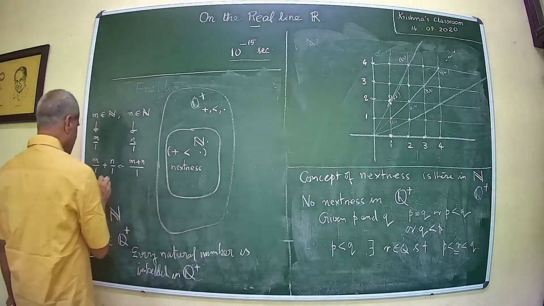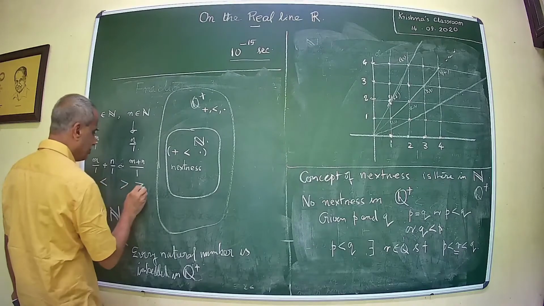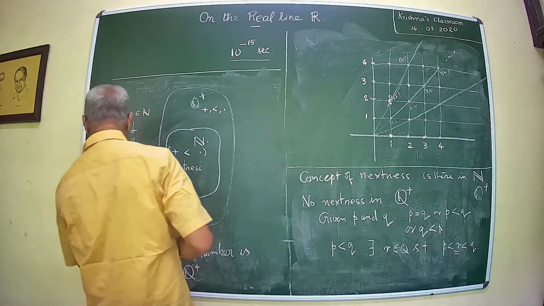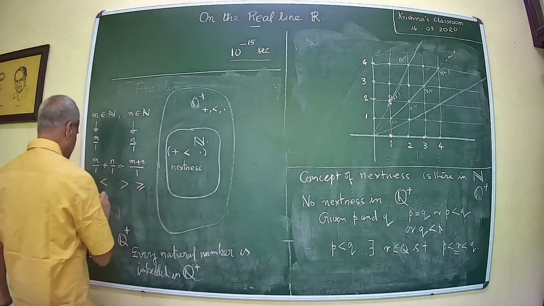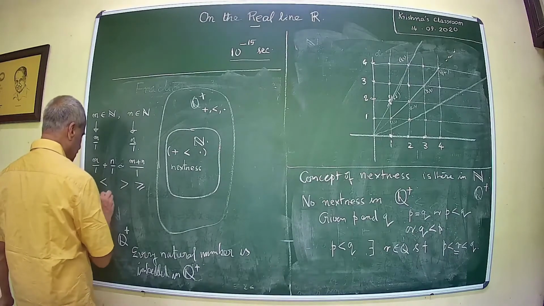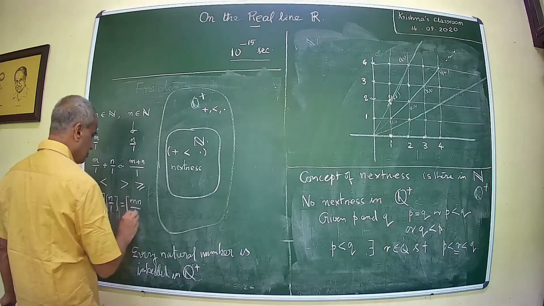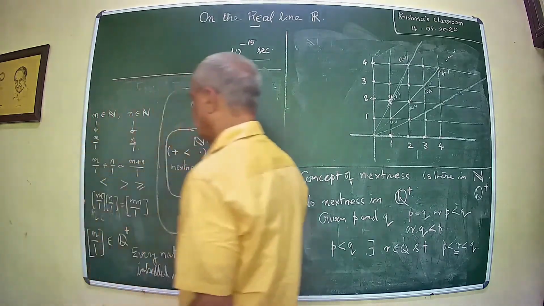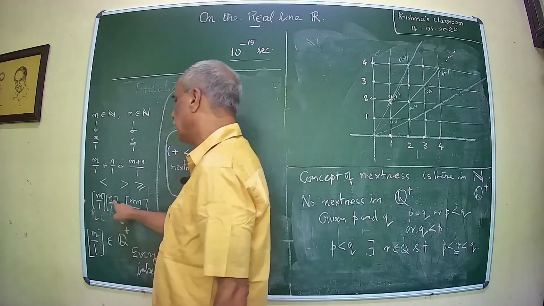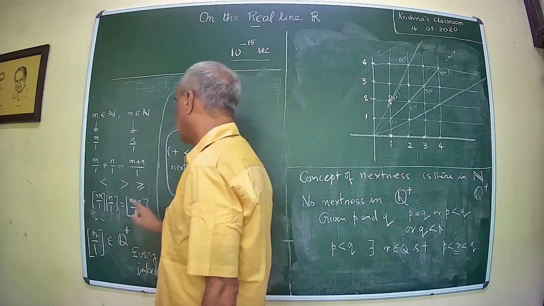Also you can show that less than, greater than or equal to, all these can be identified. And so also multiplication: m is identified with the block m by 1, n is identified with the block n by 1, mn is identified with the block mn by 1.